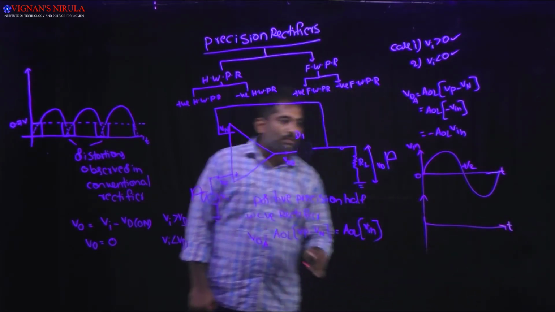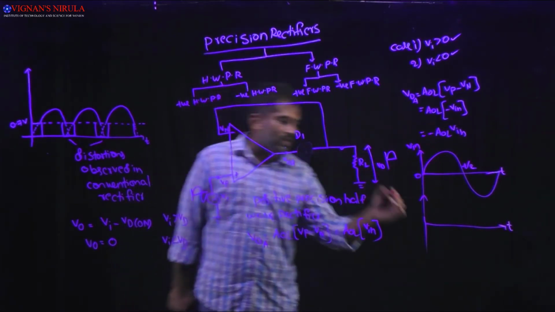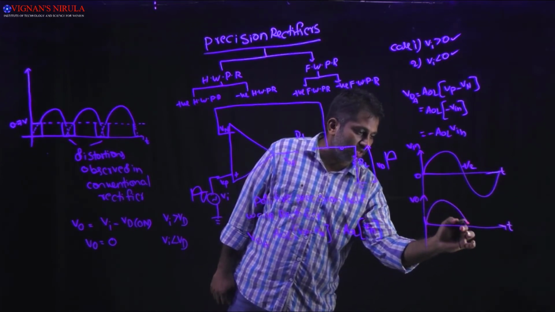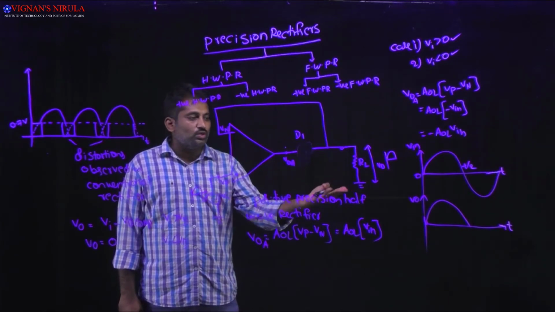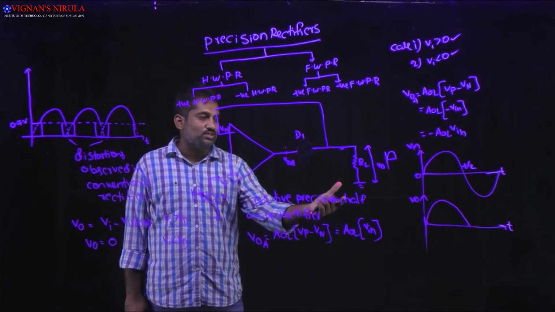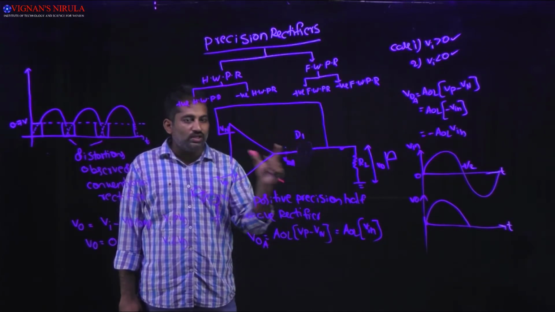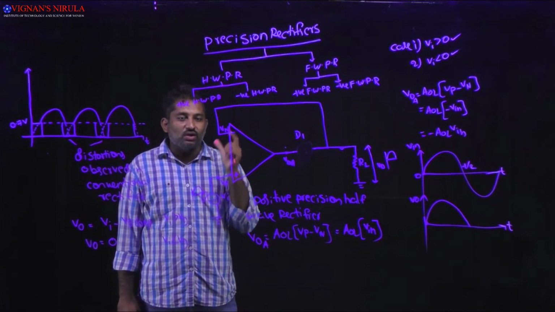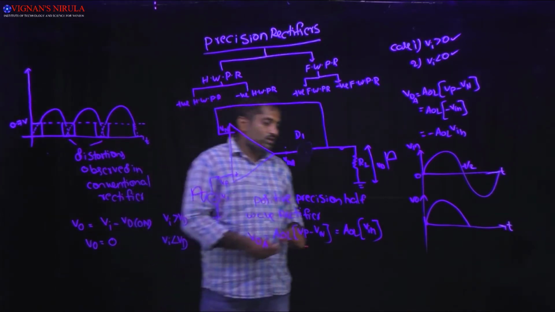When Vi is greater than 0, we get the output voltage, which is the positive peak, and when Vi is less than 0, we will not get any output. So for the full cycle we are getting only the positive half wave cycle. That's why we call it a positive precision half wave rectifier.